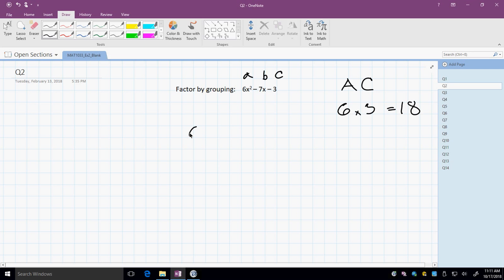So we're going to write 6x squared minus the terms that, let me see. We need to find the factors of 18. I forgot that part.